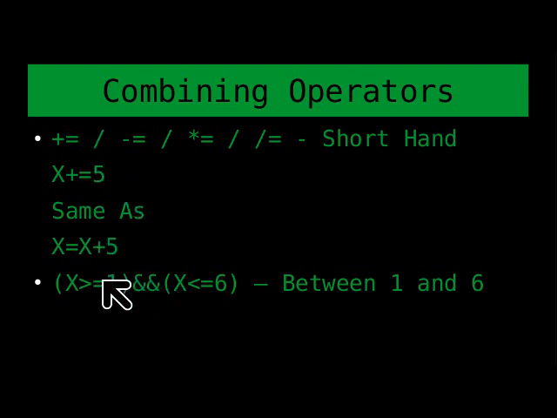Now, we're going to take x and say that it's 10, as we left it from our last usage. In our case, we are checking to see, so x is greater than or equal to 1. Is 10 greater than or equal to 1? True.